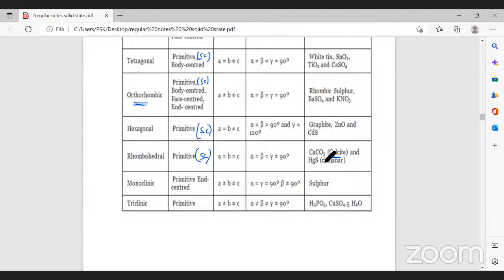Calcium carbonate can also be in the crystalline state. The crystalline state of calcium carbonate is called calcite. This calcite has a rhombohedral crystal structure, and it has only one Bravais lattice, primitive.